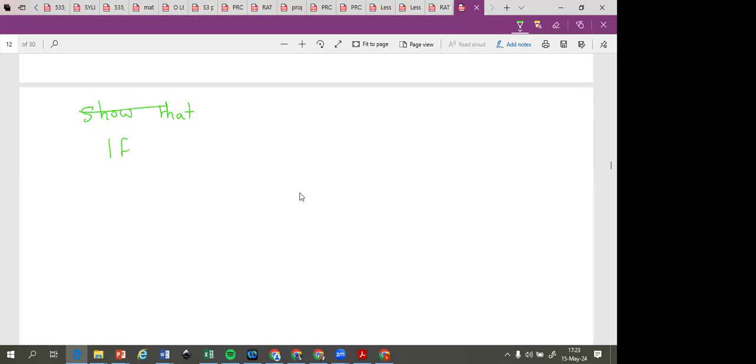So let us just say, if tan of (x plus 45 degrees) is equal to 2, find the value of tan x. They can also give you something like this: if tan of x plus 45 is equal to 2, and the whole angle is x plus 45, what is tan x only?